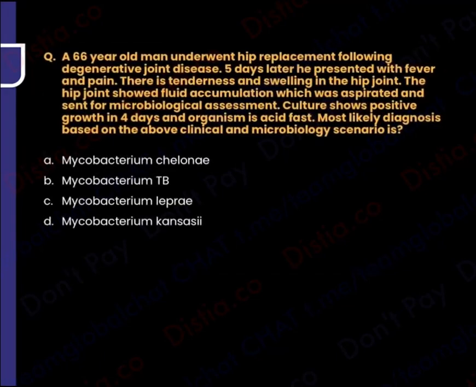Actually, there's one more question that you have, a clinical question. A 66-year-old man underwent a hip replacement following a degenerative joint disease, and 5 days later he's come with fever and pain with tenderness and swelling in the hip joint. The hip joint shows accumulation of fluid which, when aspirated, is sent for microbiology culture. So an abscess has formed, right? And that has shown positive growth in 4 days.